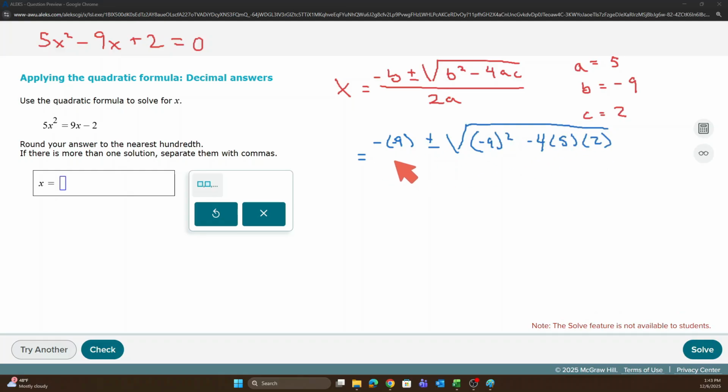Close that off. All of this over 2 times a. So let's go ahead and clean things up a little bit. So negative 9 is just positive 9.